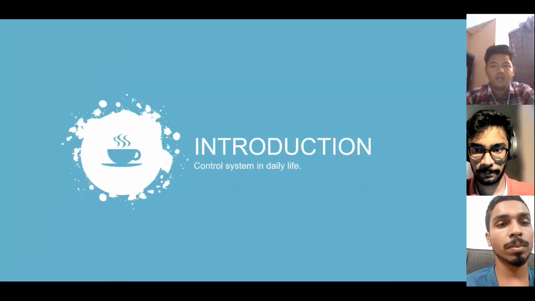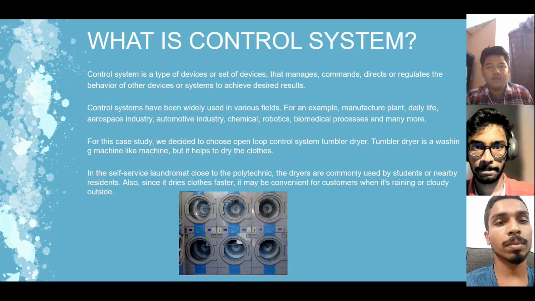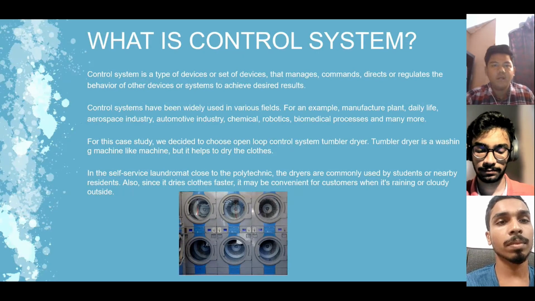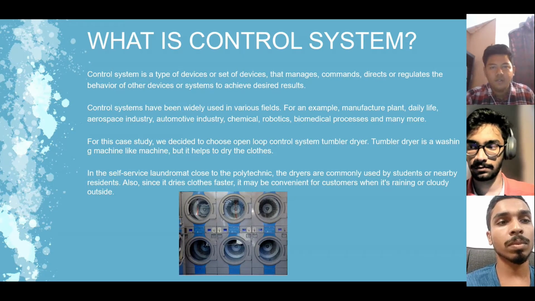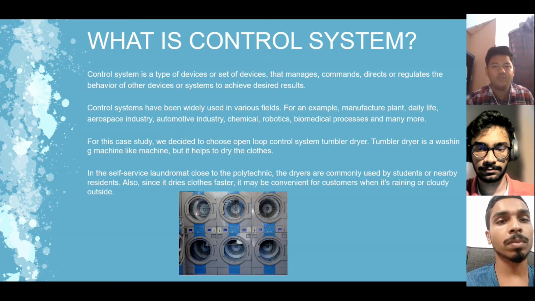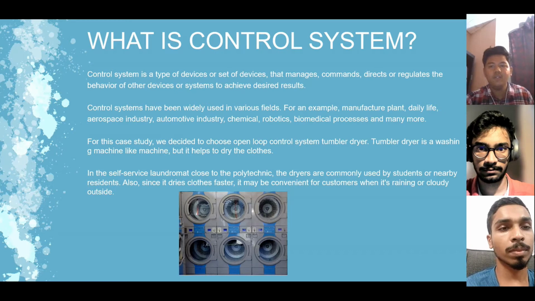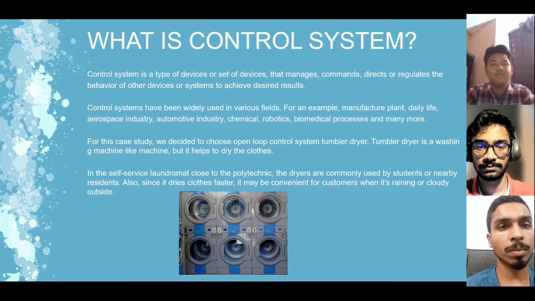Okay, so I want to present about the introduction to control systems in daily life. What is a control system? A control system is a type of device or set of devices that manage, command, direct, or regulate the behavior of other devices or systems to achieve desired results.